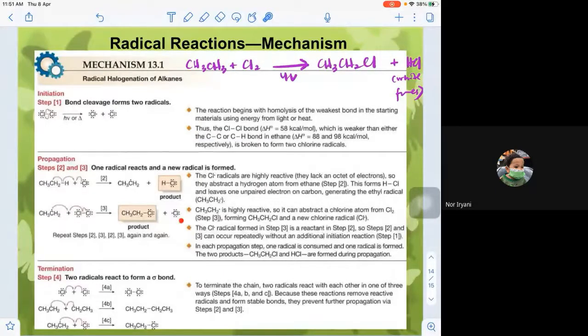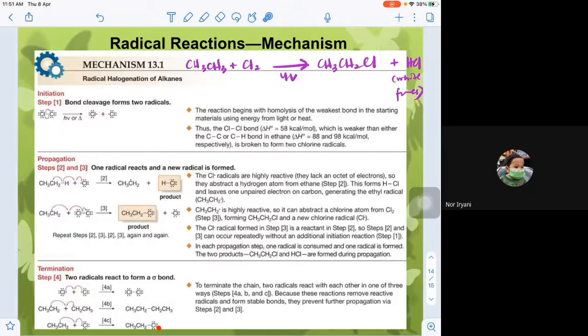So the steps are repeated again and again. This propagation step is repeated again and again. And then finally, in the termination step, two radicals attack each other so that we get back our Cl2. Then the side product here is butane, and this is our main product, which is chloroethane.